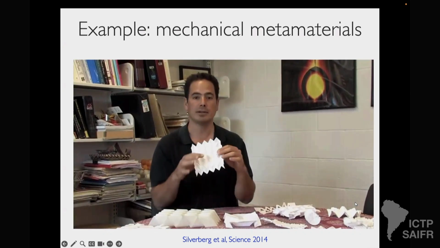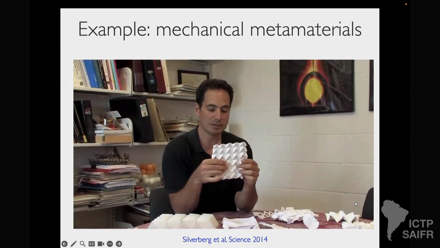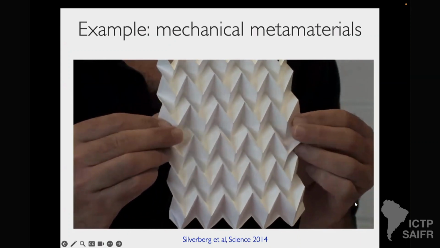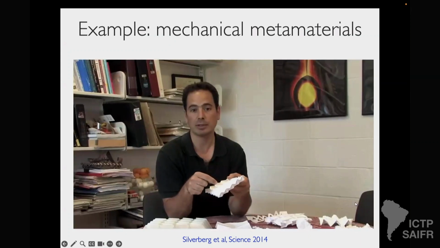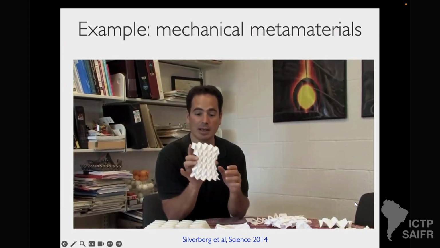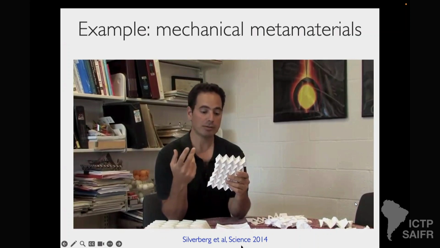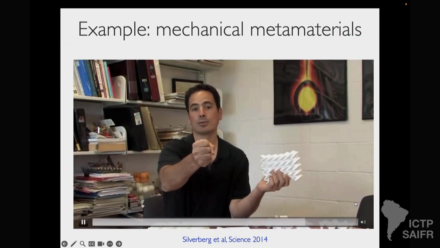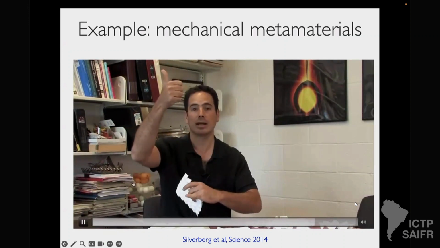The nice thing about this strategy for giving materials mechanical properties is that by changing the fold patterns, for example, I can give the paper a different effective stiffness. I can also introduce new novel mechanical properties. For example, if I take a banana and I just squish it in my hand, that banana is going to squirt out the other ends.